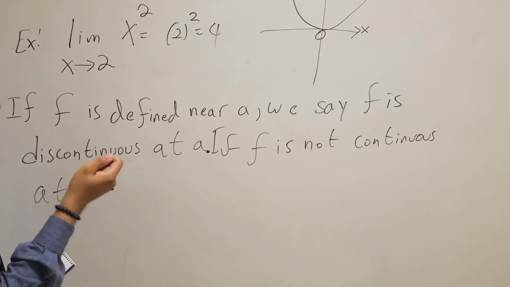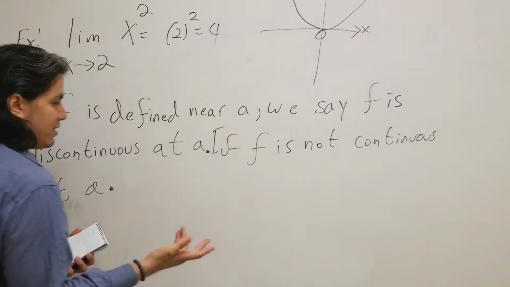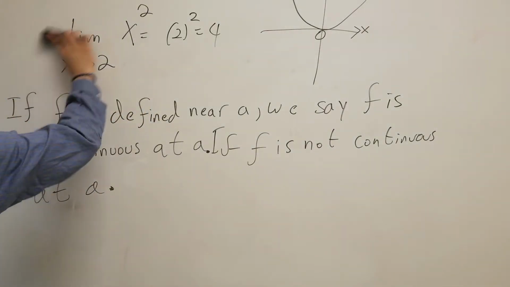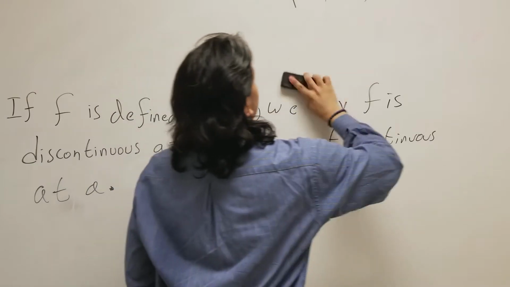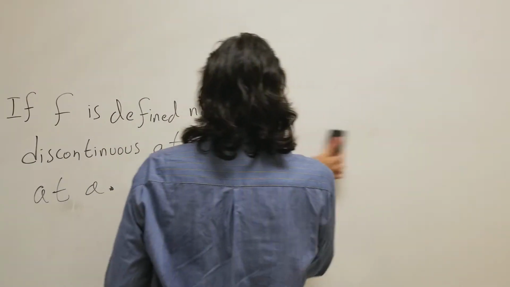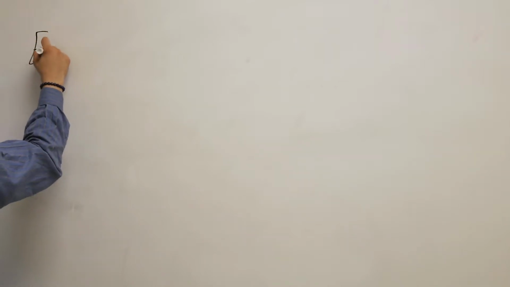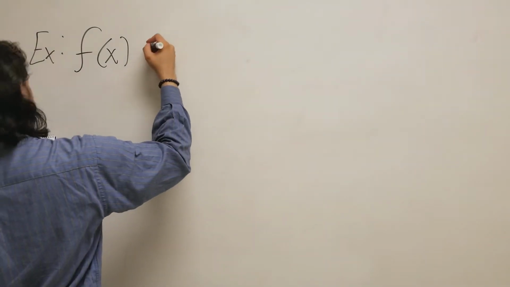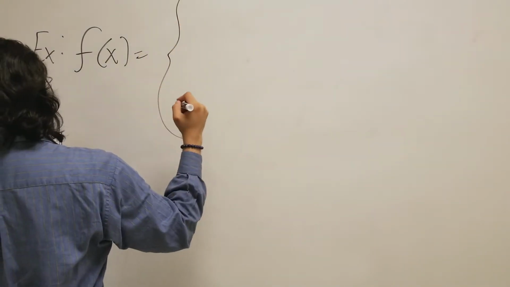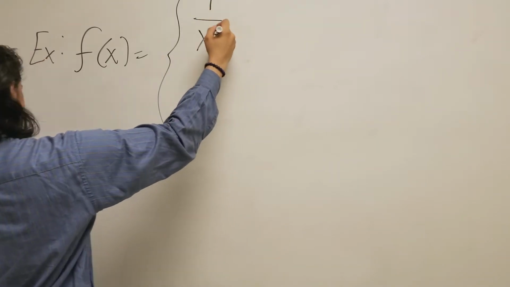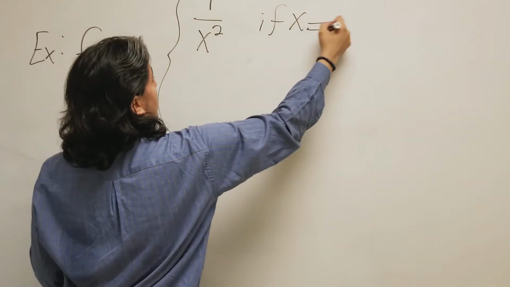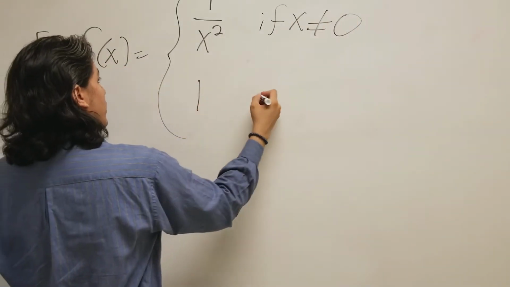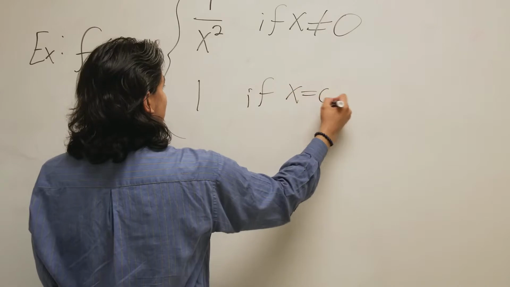Therefore, it's not continuous. So let's give an example of something that is discontinuous. A very nice simple one would be f of x, and it's going to look like this: a curly bracket, 1 over x squared if x is not equal to 0, and 1 if x is equal to 0.